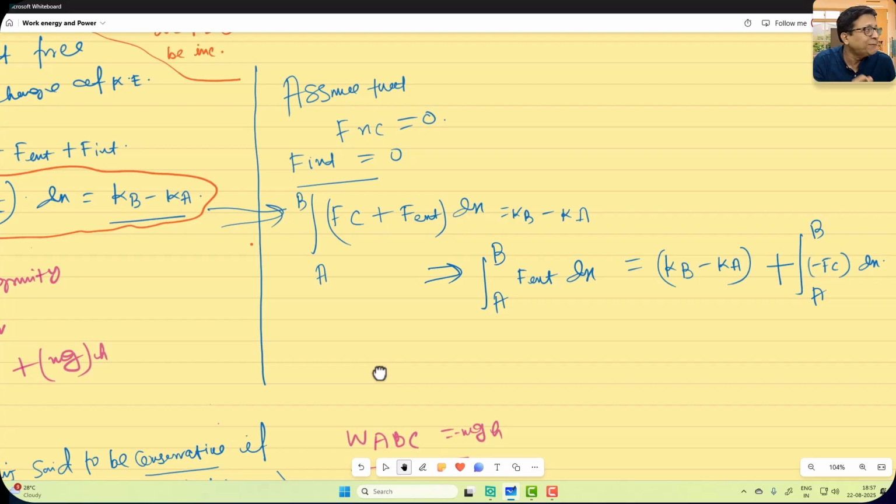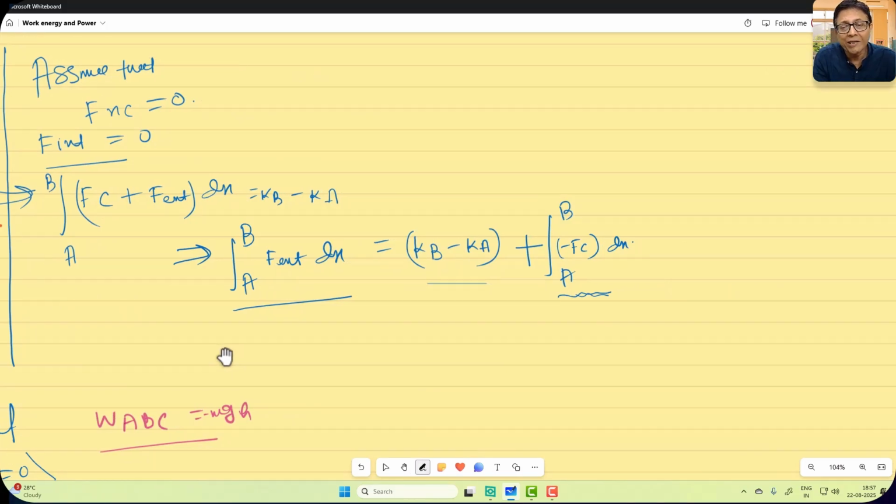This minus Fc dx, see, we have already mentioned that work done will imply change of K and change of P. Isn't it? Work done will increase both. I mean, you are taking the body with some velocity from A to B. With some velocity increased, potential energy also increased. So, this part is for kinetic energy. This part we will keep for potential energy, change of potential energy. Okay?